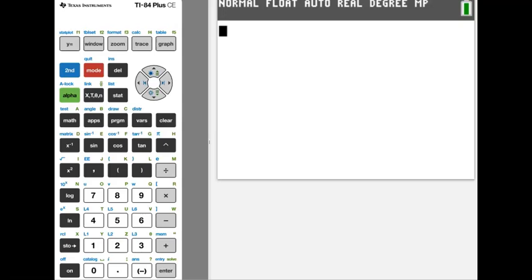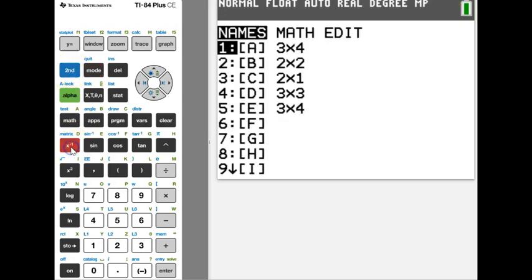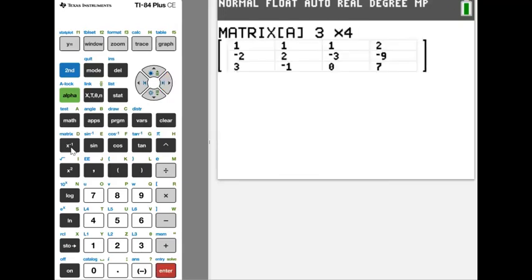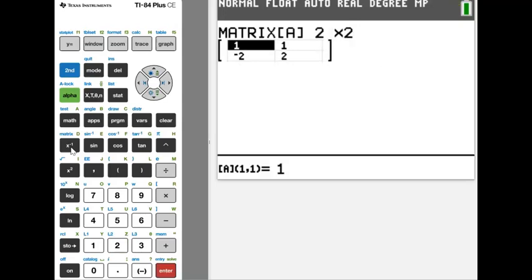All right, so let's put our matrices in our calculator. We're going to go to second matrix, and then we're going to go over to edit. And so this time matrix A is a 2 by 2. So when I type up here 2 by 2, it just automatically switches for me.